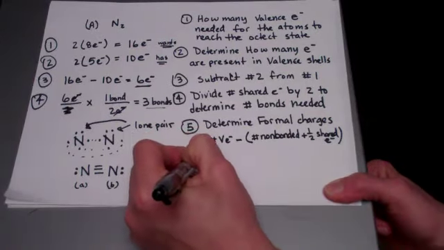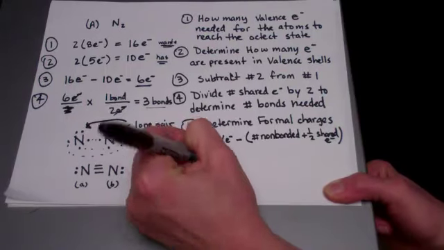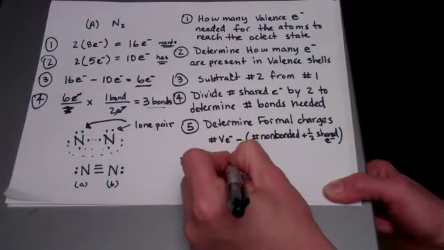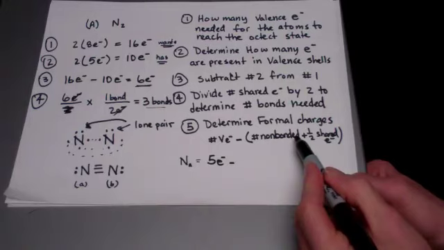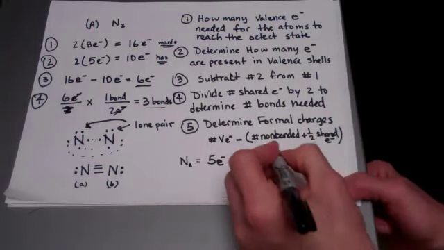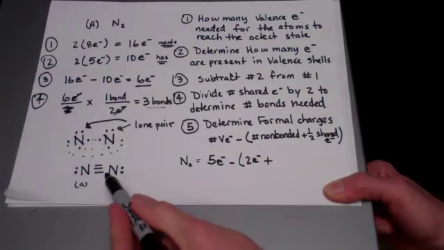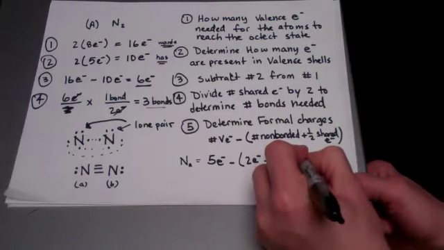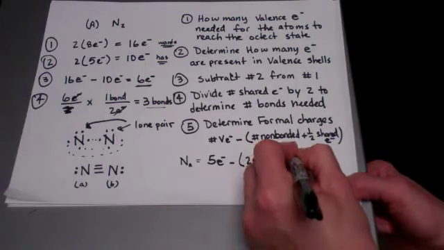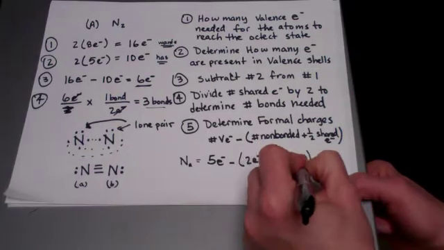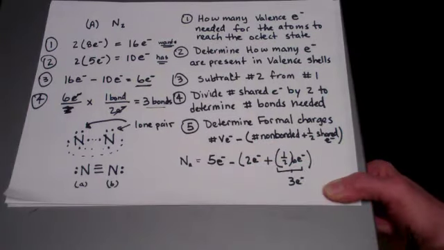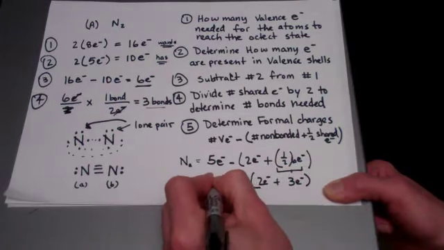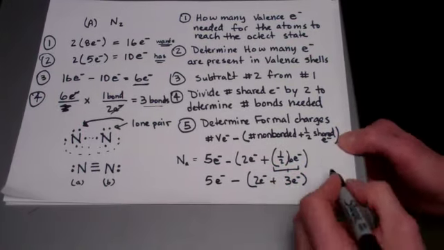The formal charge for nitrogen A starts with 5 electrons in its valence shell. We subtract off the non-bonded electrons, which is 2, plus the electrons in the shared pairs. There are 3 shared pairs, so 6 electrons in the shared pairs times 1/2 equals 3 electrons, plus the 2 electrons, for a total of 5 electrons, minus the 5 electrons.